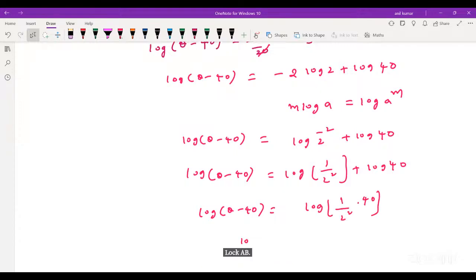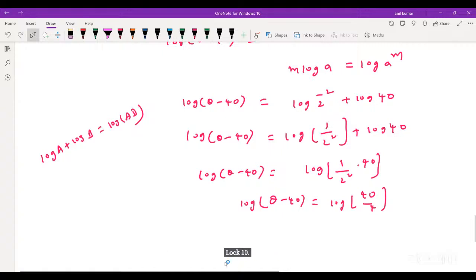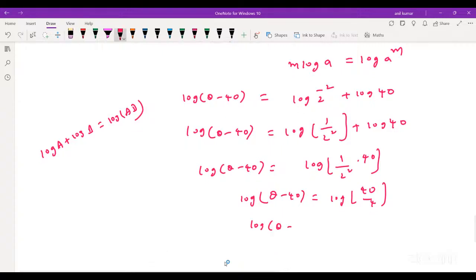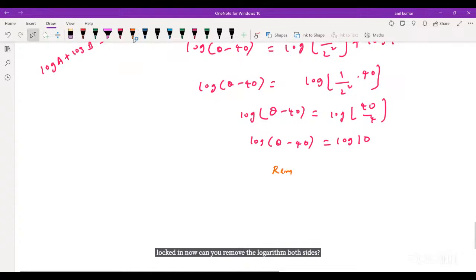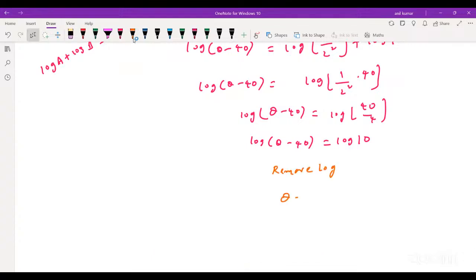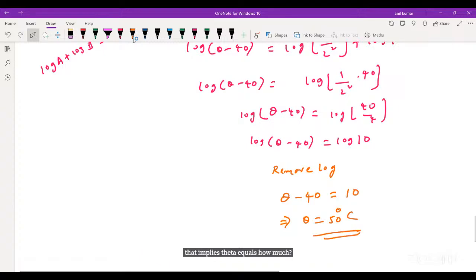So we get log 40 by 4, which is log 10. Now, can you remove the logarithm on both sides? Theta minus 40 equals 10. That implies theta equals 50 degrees centigrade.